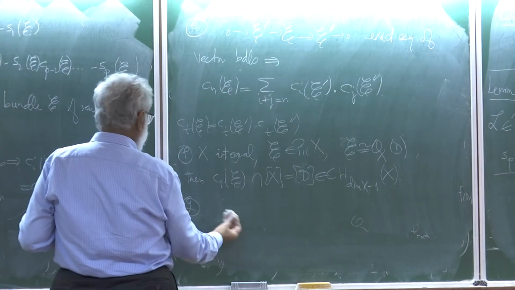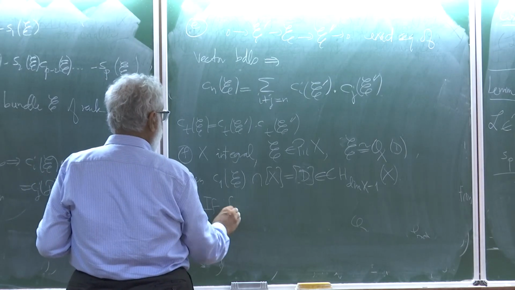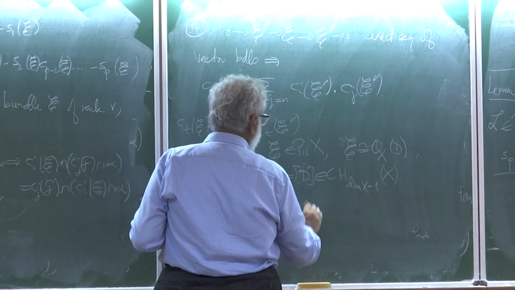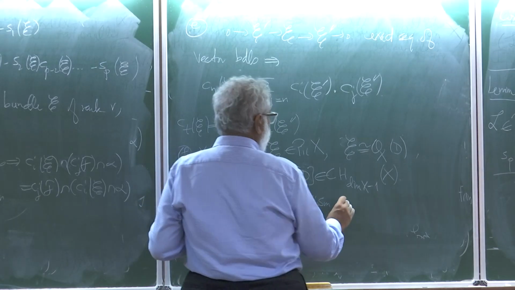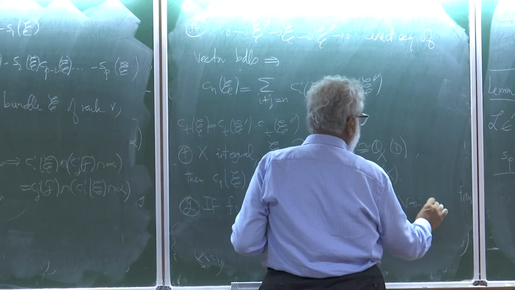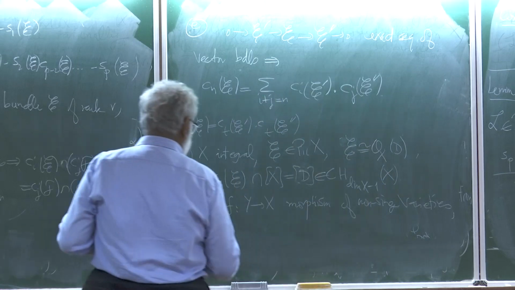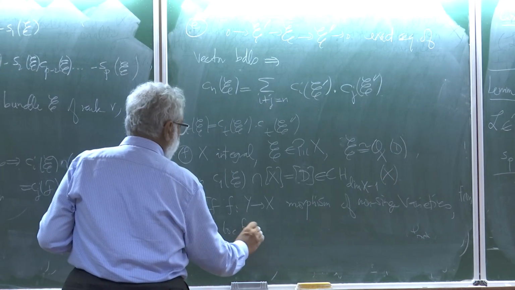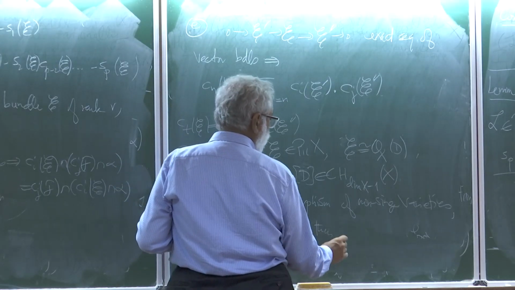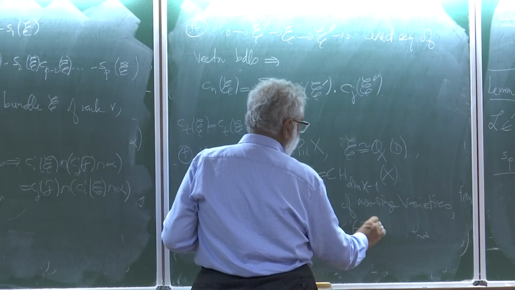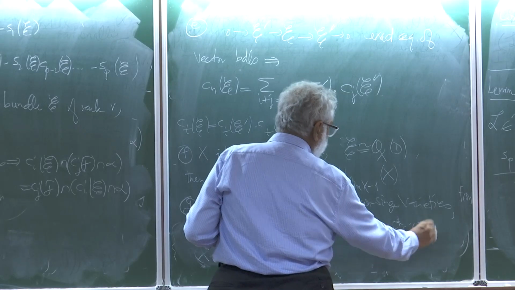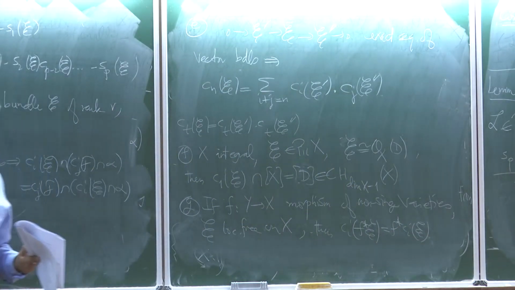And the last thing, if f: Y to X is a morphism of non-singular varieties, E locally free on X, then C_i(f^*E) is f^* C_i(E), where f^* is the map constructed on Chow rings.